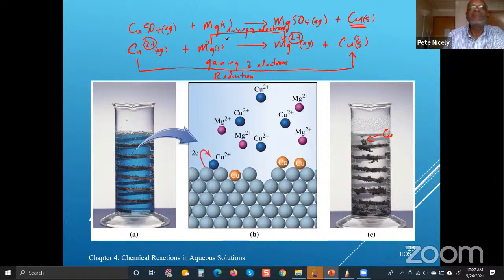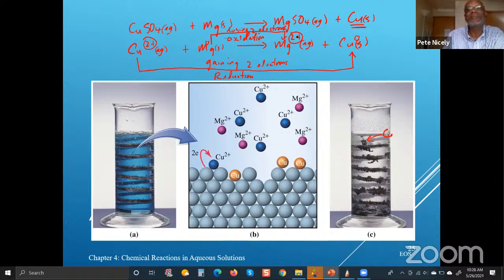So the magnesium is undergoing oxidation. And that is what happens in every redox reaction. You have one species that is losing electrons and another species that is gaining electrons. And as I said before, it is impossible to have oxidation without reduction, or vice versa.